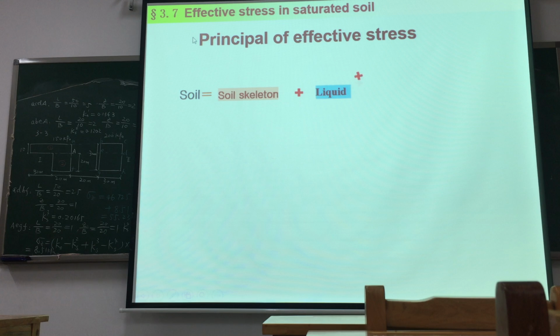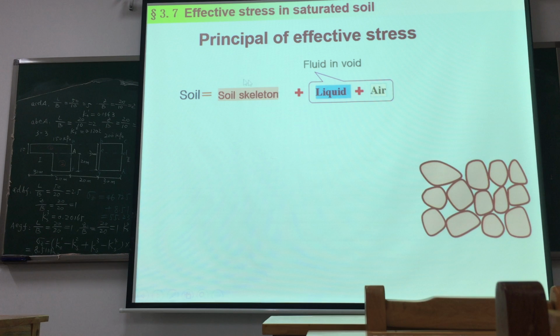And finally, we should discuss the principle of effective stress. What is effective stress? First, we know the soil is composed of soil particles, and water or gas or air in the void.